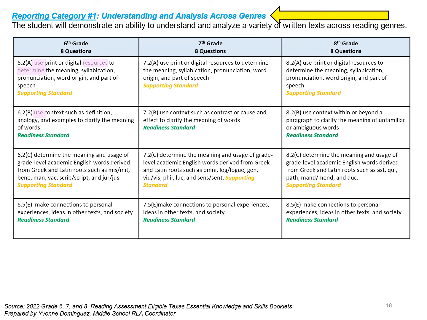But then there's a change in 7th grade: use context such as contrast or cause and effect to clarify the meaning of words. And then it shifts and changes yet again. In 8th grade: use context within or beyond a paragraph to clarify the meaning of unfamiliar or ambiguous words. So in this particular example, 2A does not change.